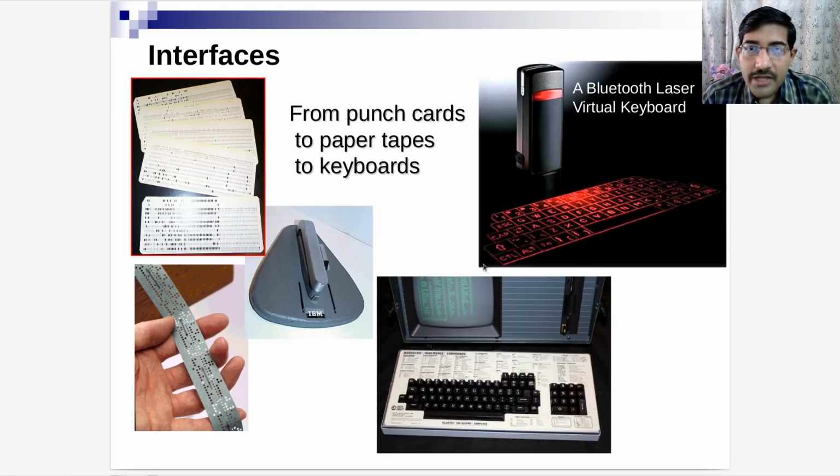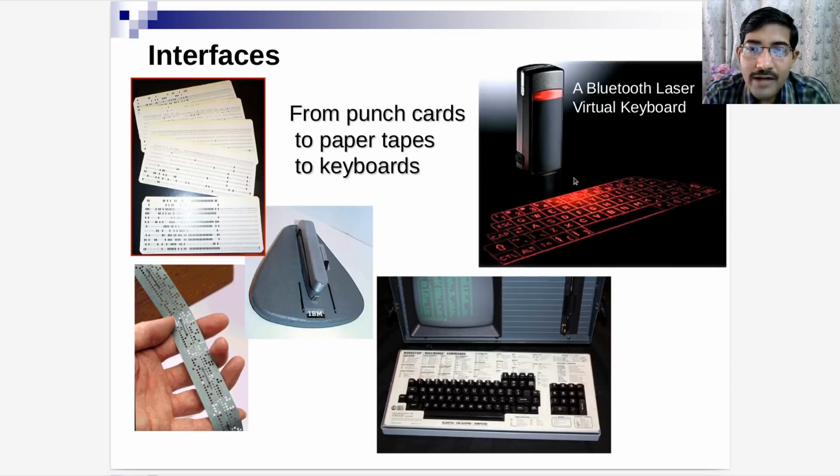Now the interfaces, that is, how we talk with the computer. Earlier, it was punch cards and paper tapes, which I have not even seen, and then gradually we moved to keyboards, where each key is an input from you to the computer. Then we moved to the virtual keyboard, where a Bluetooth laser creates an impression of a keyboard and your hand moves over the keys.